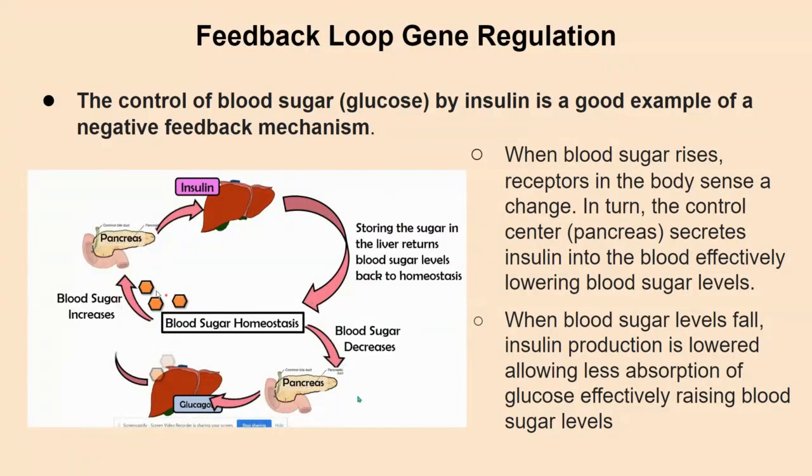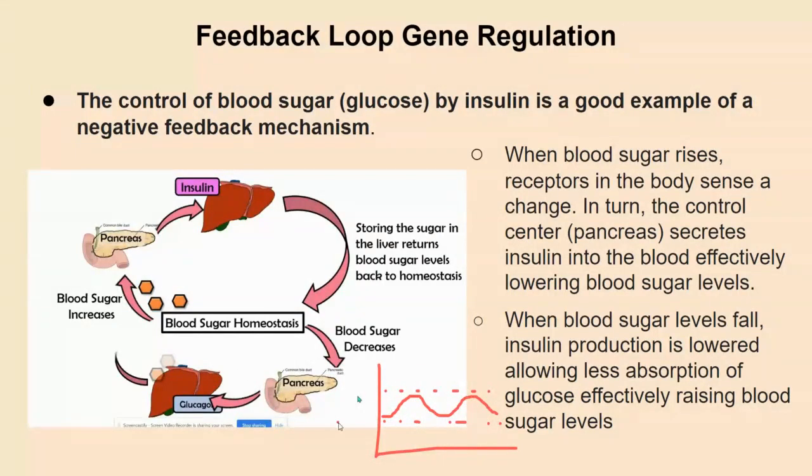If you don't have enough blood sugar, it sends a signal to release the glucagon from your liver back into your bloodstream, thus raising your blood sugar. So this is another example where we will see it raise and lower within that threshold to prevent the blood sugar from becoming too high or too low.